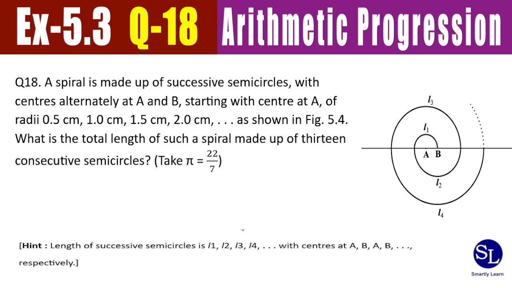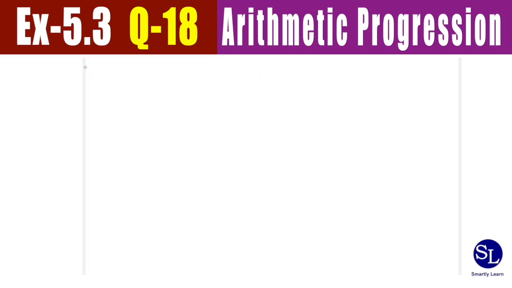In order to understand that, let's write down the formula. The length of a semicircle is going to be equal to pi r. Why? Because 2 pi r is the circumference, and we are doing a semicircle. So the length of the semicircle is going to be pi r.